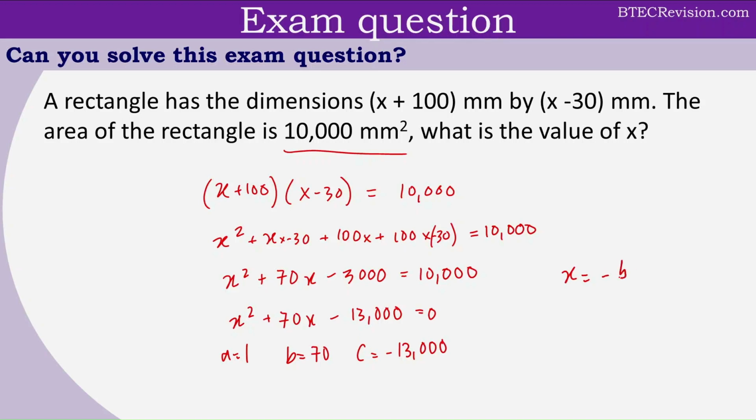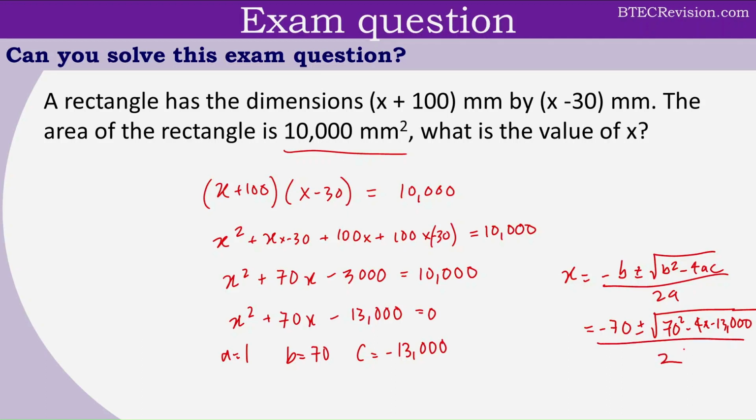X equals negative b plus or minus square root of b squared, take away 4ac, all over 2a, and that would give us negative 70 plus or minus the square root of 70 squared, take away 4 times a, which is 1, times c, which is negative 13,000, divided by 2a.